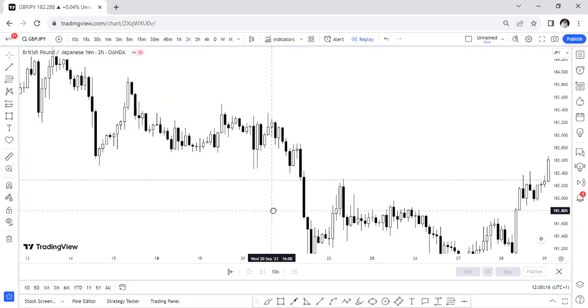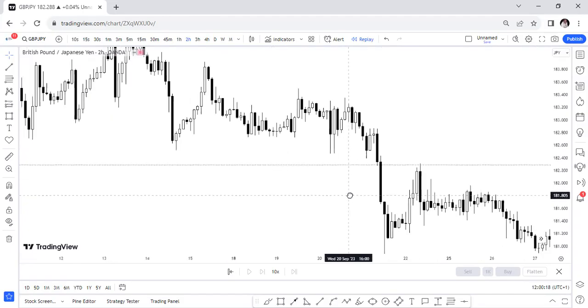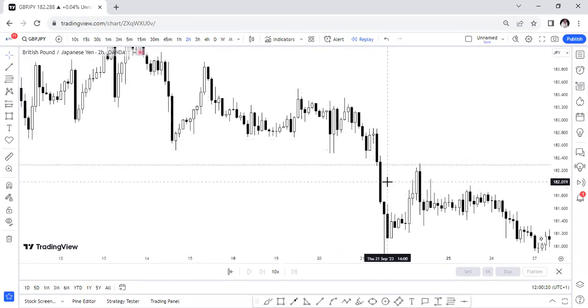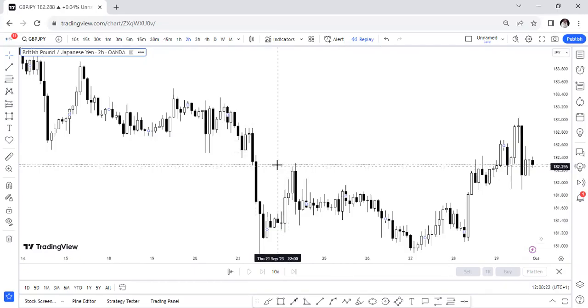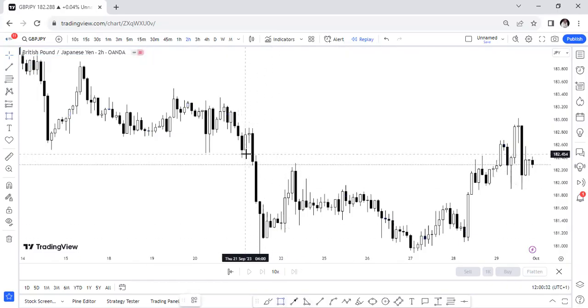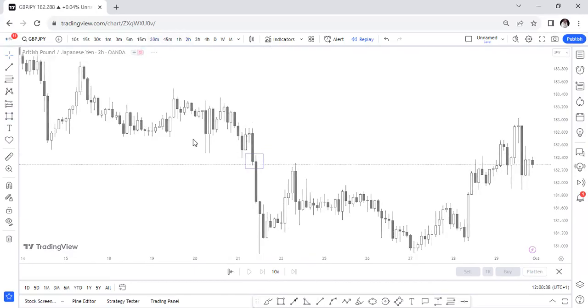Let's find a different one. Yeah, something like this. This is a gap, right? If we circle out this place, let's apply this with these 2 hours. We go to 30 minutes.